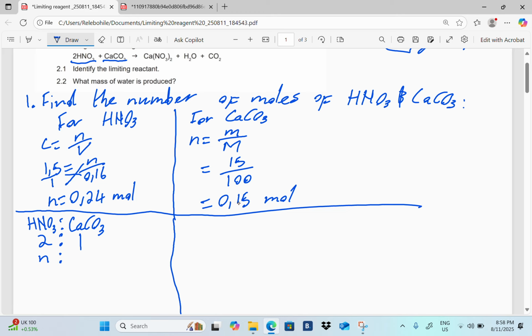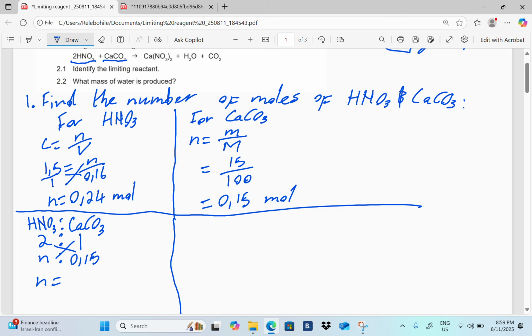That means I will say 0.15. And then from here, I will do my math. n multiplied by 1 gives me n. Then 2 multiplied by 0.15, and I think my answer should be 0.13.